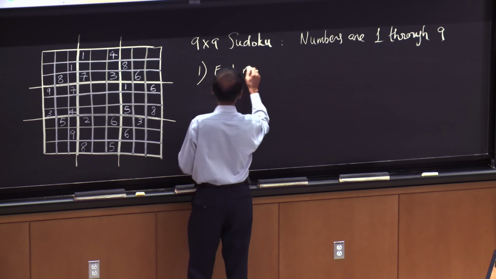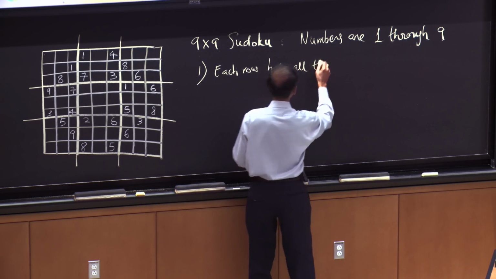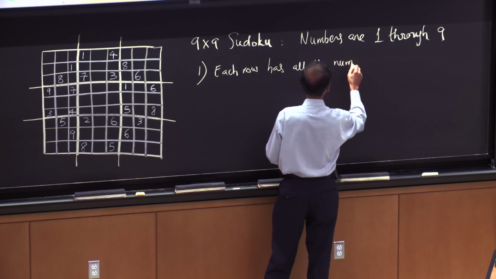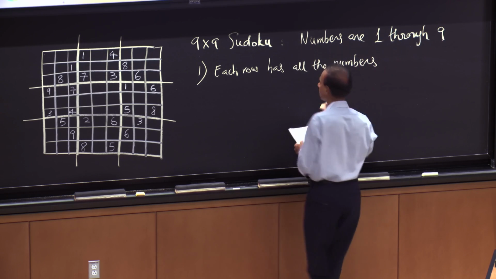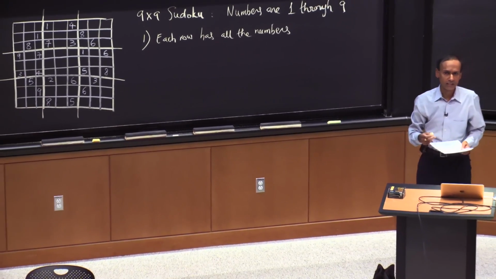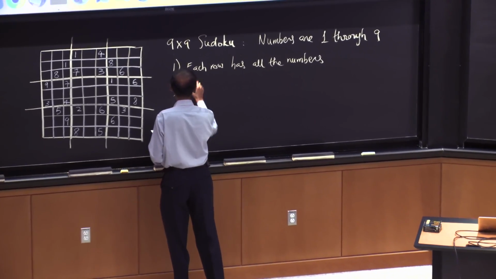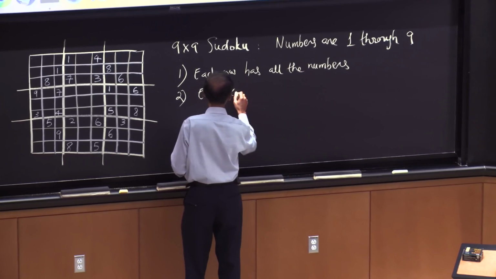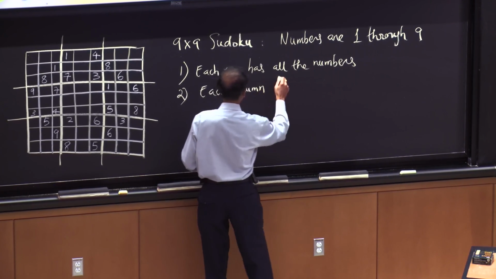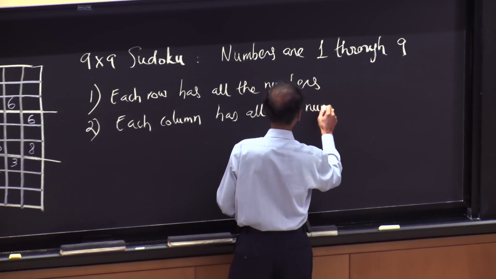Each row has all the numbers, which means that no numbers could be repeated because there's 9 columns and 9 rows. So there's 9 numbers on each row. Each column has all the numbers. Same thing.